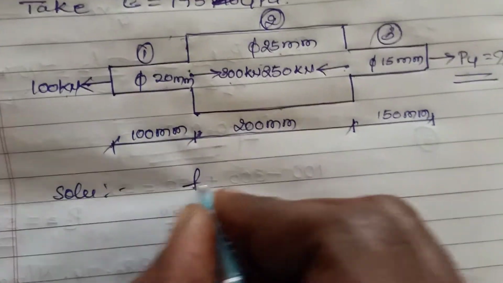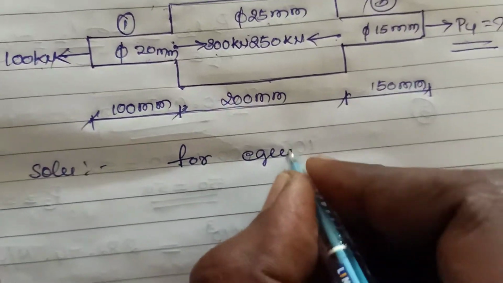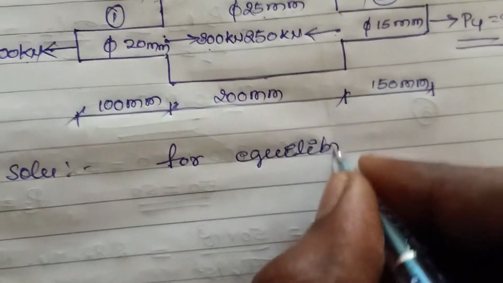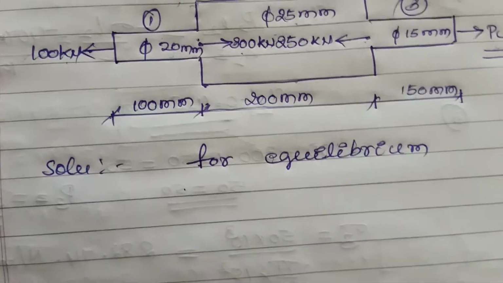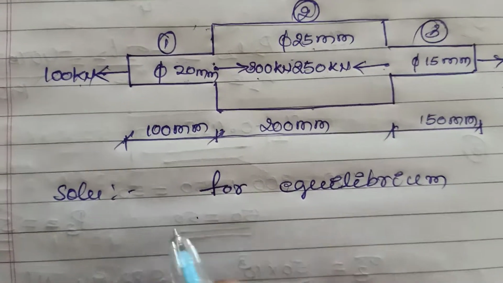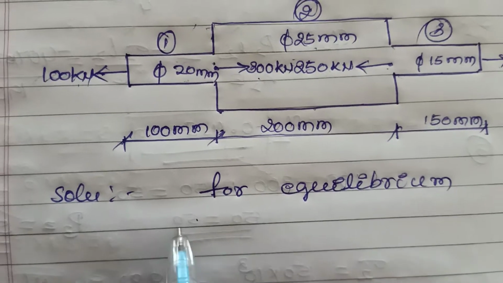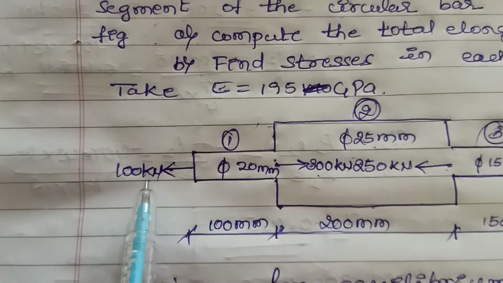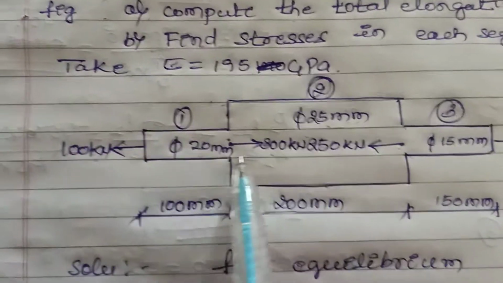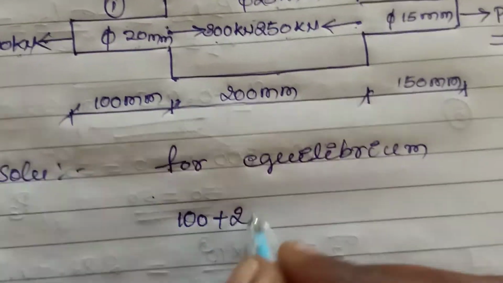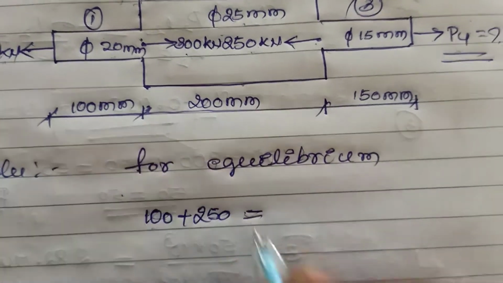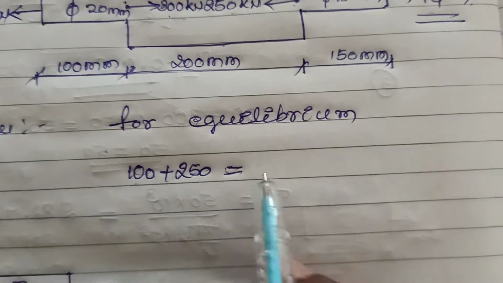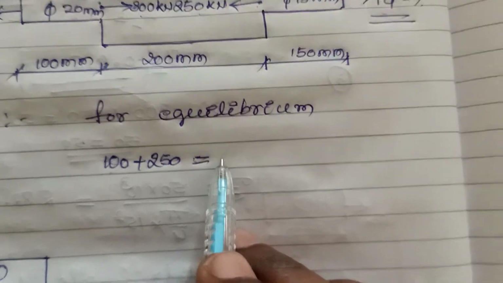So for equilibrium, right hand side forces is equal to left hand side forces. What are the left hand side forces? 100, then 250. The summation of left hand side forces is equal to the summation of right hand side forces.